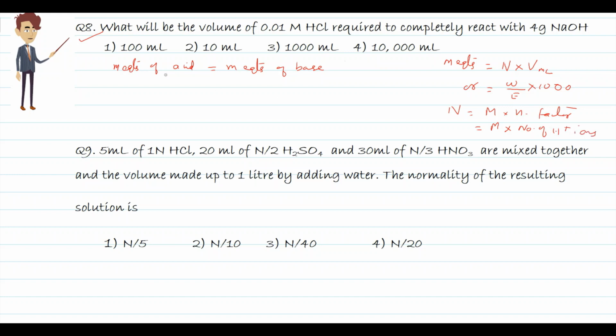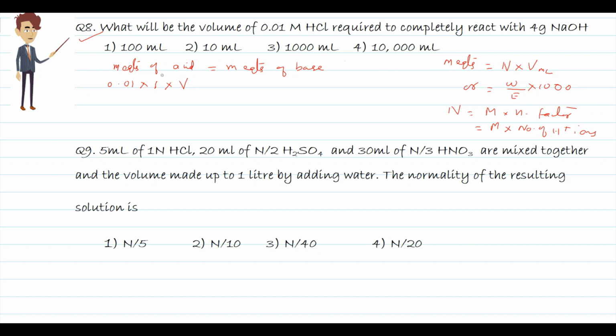Here the milliequivalents of acid for HCl: molarity 0.01 is multiplied with the n factor, only one H plus, so n factor is 1, then the volume.